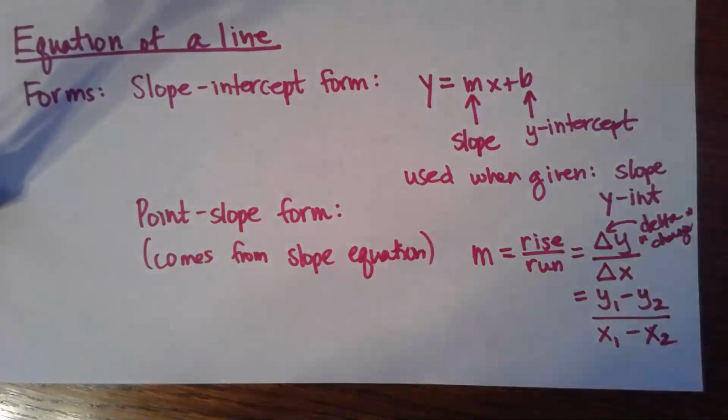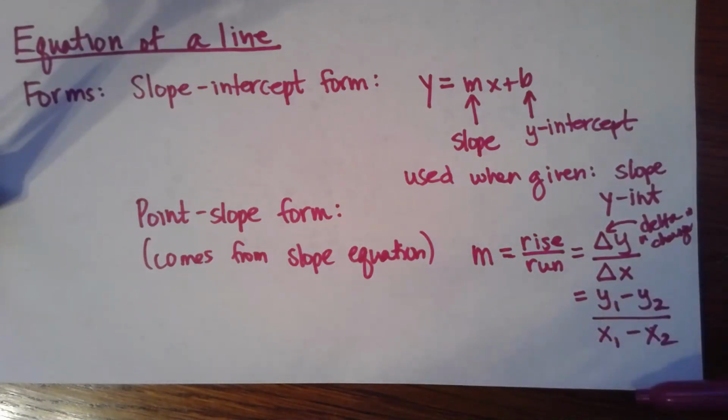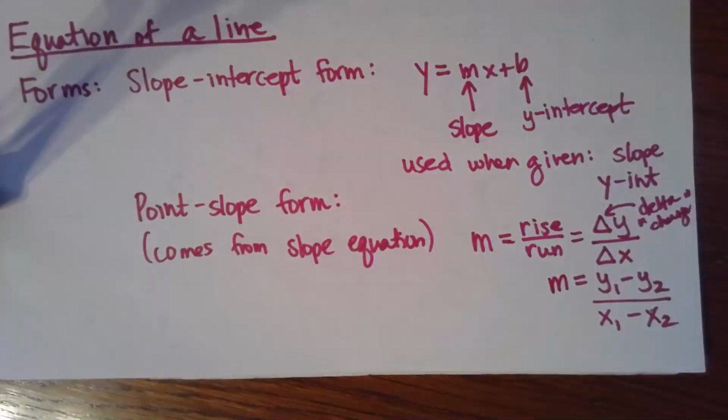And then, of course, remember that the important thing is that the x1 and y1 must come from the same point, and the x2 and y2 have to come from the same point. It doesn't matter which point you use for x1, y1, and which one you use for x2, y2, as long as you subtract them in the same order. So that equals m.